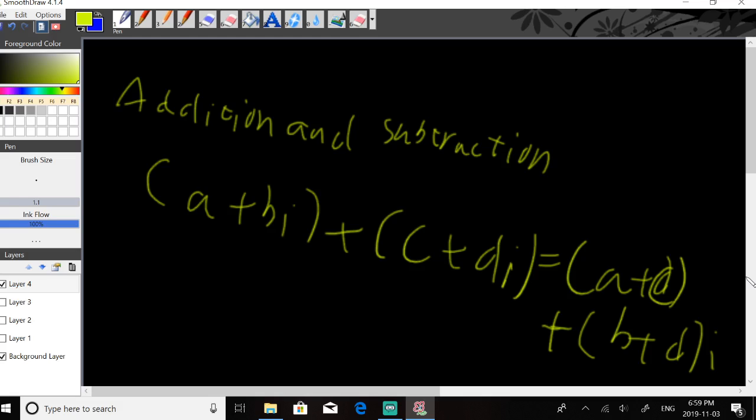So you basically just get rid of the brackets and get the same terms together, so you can simplify the math. This is how you add.